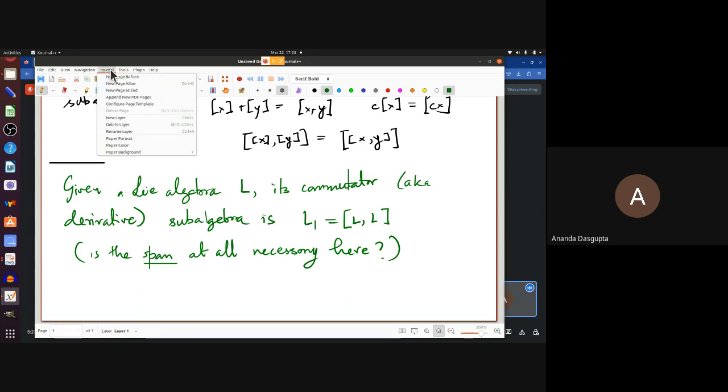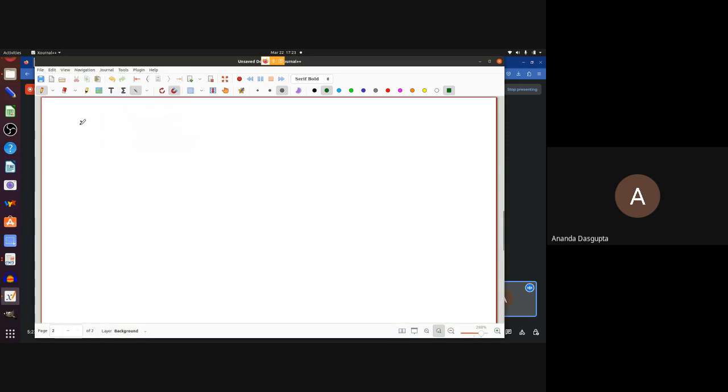Last day, we gave some examples of this. For example, if L is so(3), we saw that L1, of course, sorry, this is wrong. L cannot be capital SO(3). Capital SO(3) is the notation for the group. This is small so(3), the corresponding Lie algebra, which is our familiar angular momentum algebra apart from the factor of i.